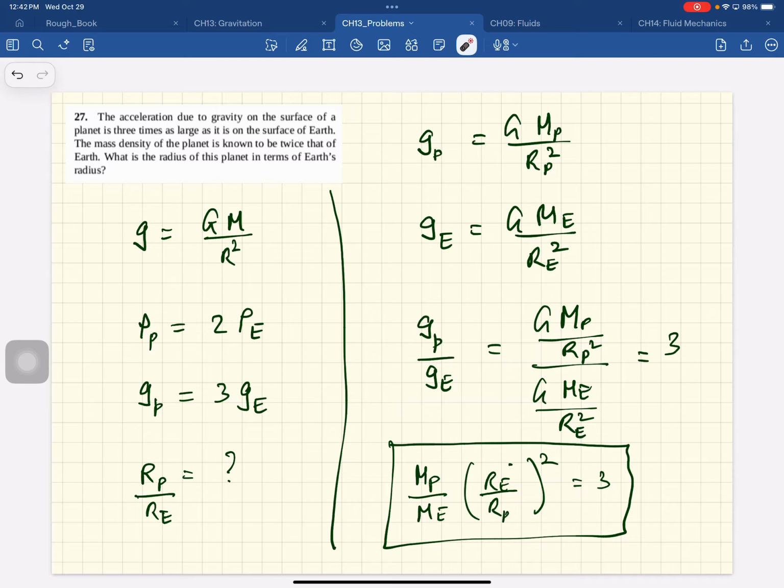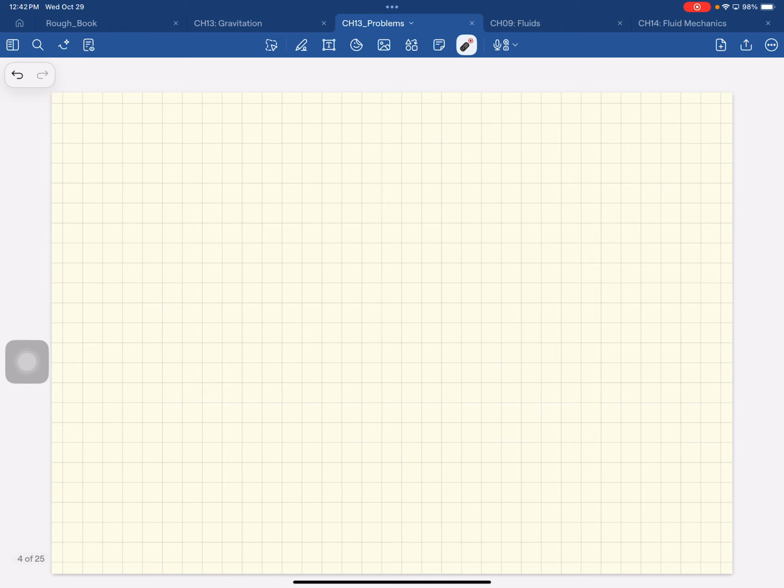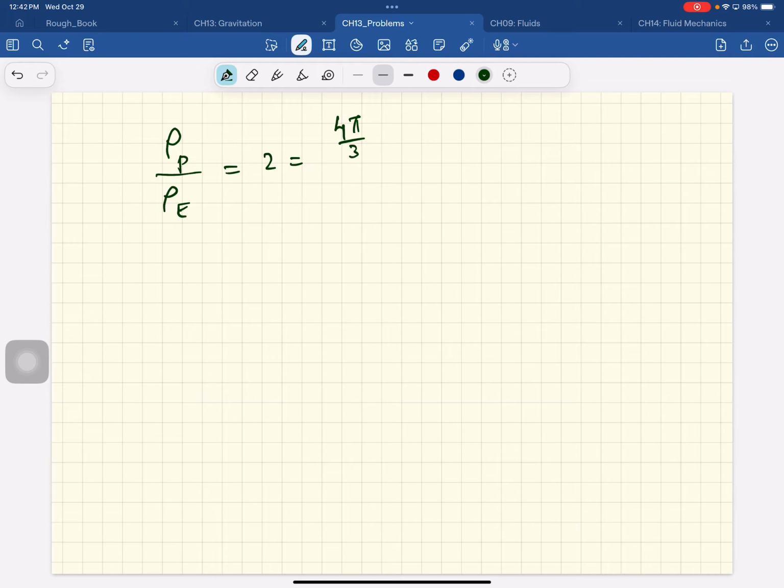And now let's use this piece of information. The density of the planet divided by the density of Earth is 2. The density is mass divided by volume, and the volume of a sphere is 4 pi r cubed over 3.